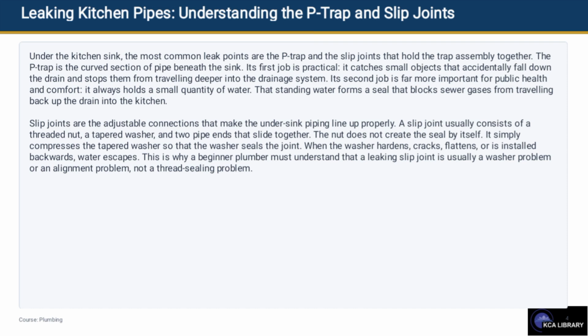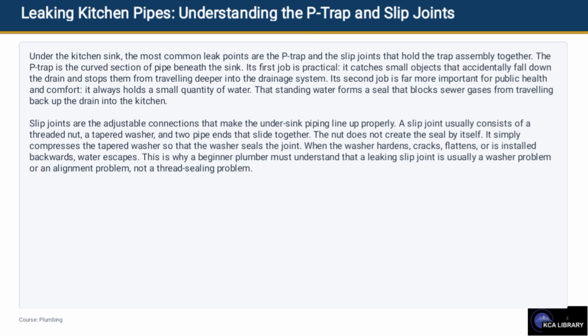Its second job is far more important for public health and comfort. It always holds a small quantity of water. That standing water forms a seal that blocks sewer gases from traveling back up into the kitchen. Slip joints are the adjustable connections that make the under-sink piping line up properly. A slip joint usually consists of a threaded nut, a tapered washer, and two pipe ends that slide together.